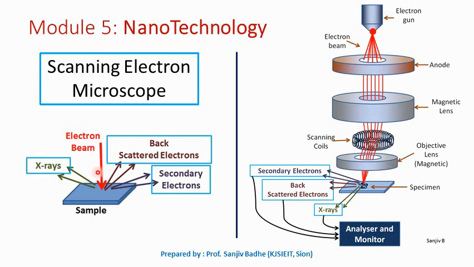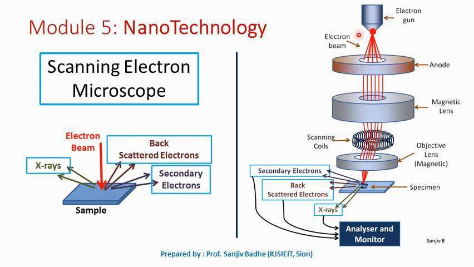In scanning electron microscopes, we simply make the electron beam incident on the sample surface. The backscattered electrons obtained, the secondary electrons obtained, and the X-rays produced are analyzed, and analysis of all these three things will give us the image of the sample surface, a magnified view of the sample surface.